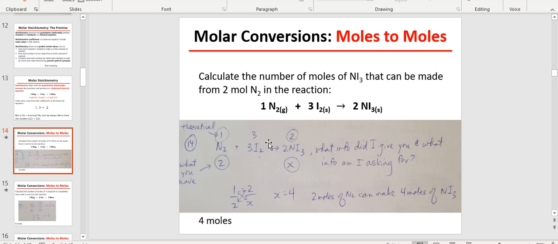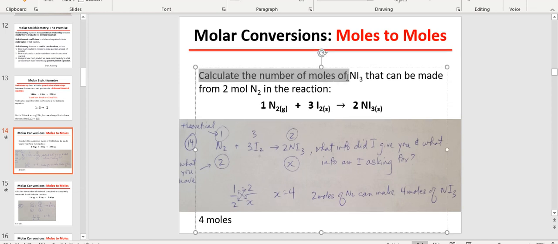Now, what am I looking for? Calculate the number of moles of this guy here. So I'm going to put an X here. And what information did I give you? Well, I'm going to give you 2 moles of this. So, stoichiometry is all about boxes. You're going to make boxes.